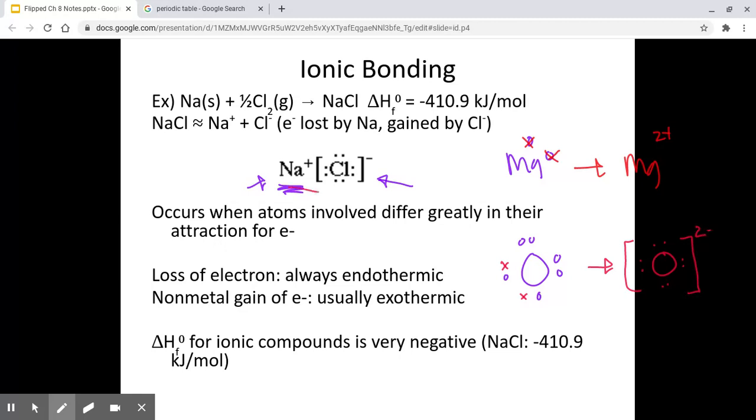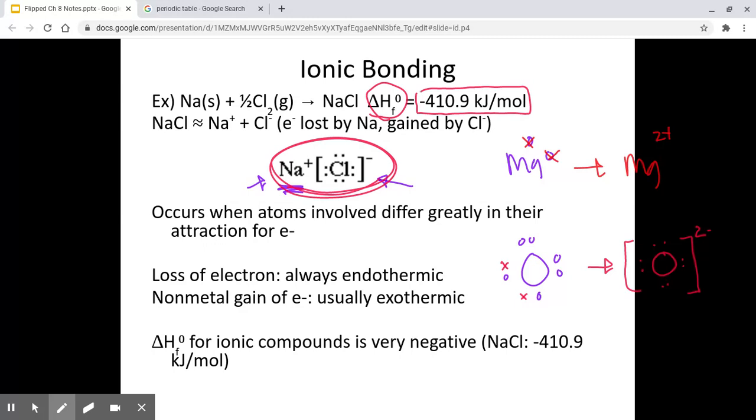So that's what they've drawn here with sodium and chloride. Now you can see that if you look at the enthalpy of formation of this, it's extremely exothermic. So it's going to drive forward pretty strongly and release a lot of heat in the process.